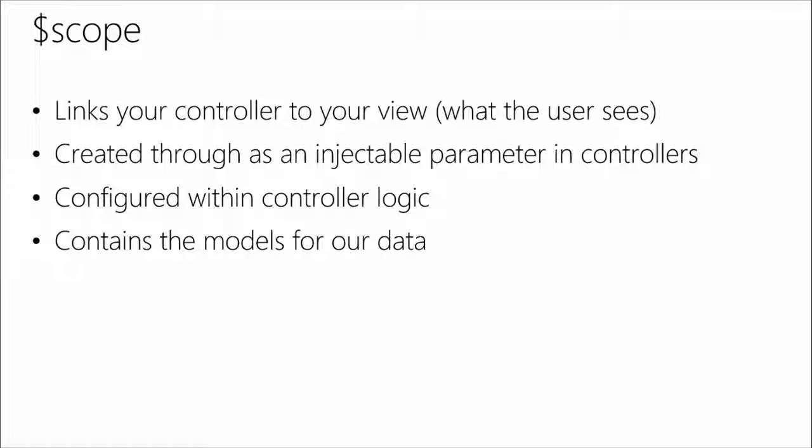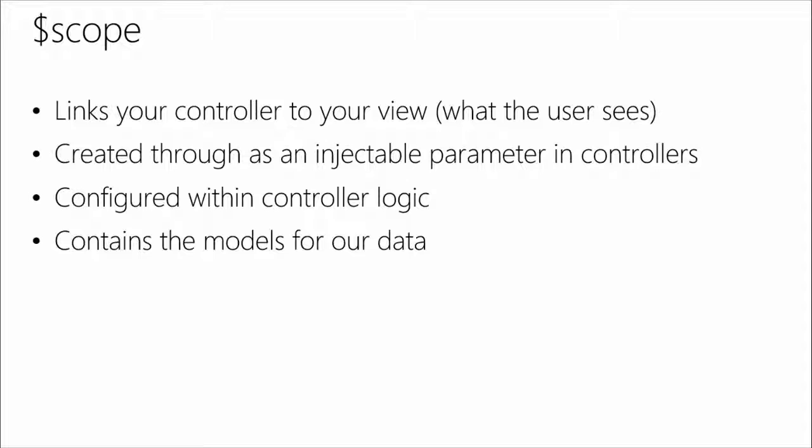Something really important is that scope that we passed in before. What that scope does is it links your controller to your view. That kind of sounds confusing, but basically, whatever you attach to that scope is going to be made available to your template view as a variable.